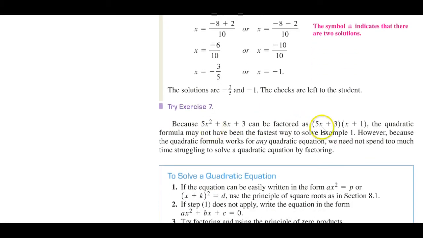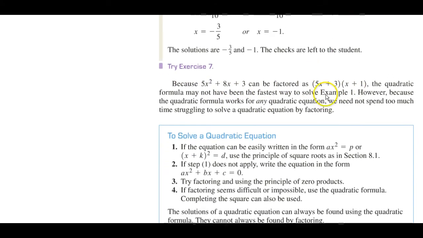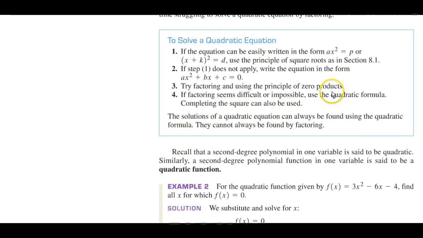And they say it can also be factored. Okay. So, steps for solving quadratic equations. Well, we have this one where you complete the square. We have this one where you can possibly factor. Or you can use the quadratic formula.